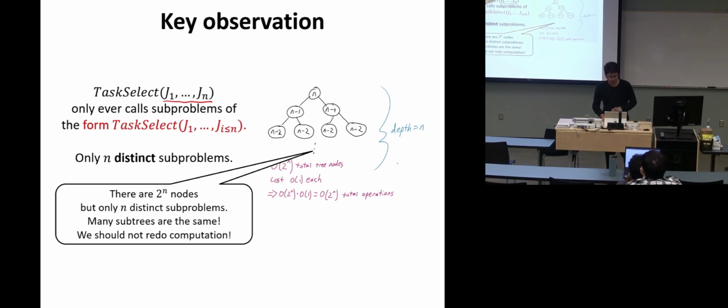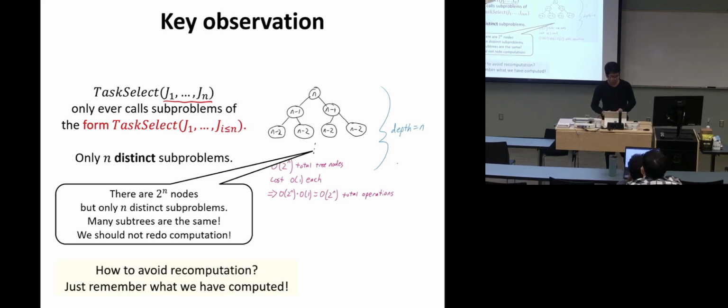Good. To avoid this recomputation, just remember what you have computed. There are just n things that you're going to look at anyway. If you have computed the subproblem from J1 up to Ji, you know you're going to look at this answer soon enough. So you just remember that, and whenever you need it again, you don't need to recompute.